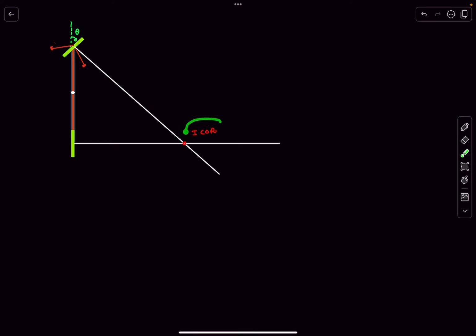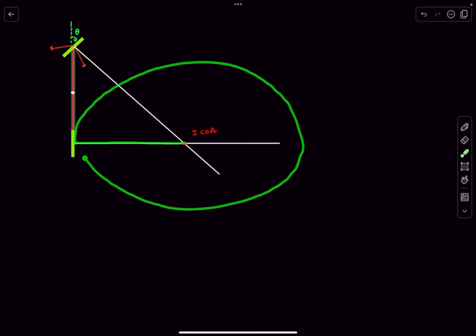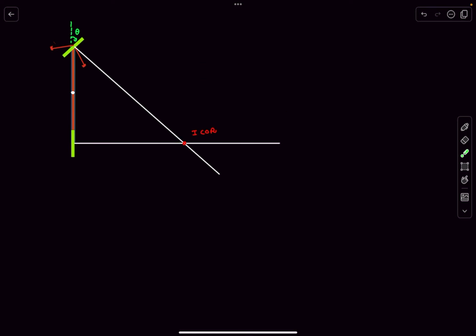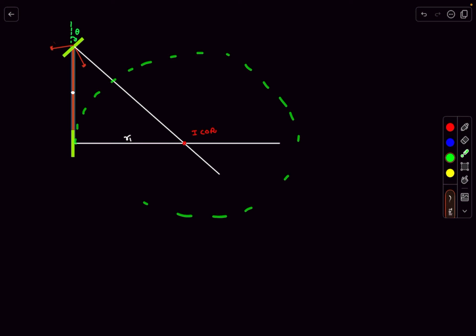The advantage of the ICOR is that we can say that this tire over here will now move in a circle, something like this, whose radius, let's call it r1. So the back tire is going to move along this circle of radius r1, and the front tire is going to move along the larger circle of radius r2.